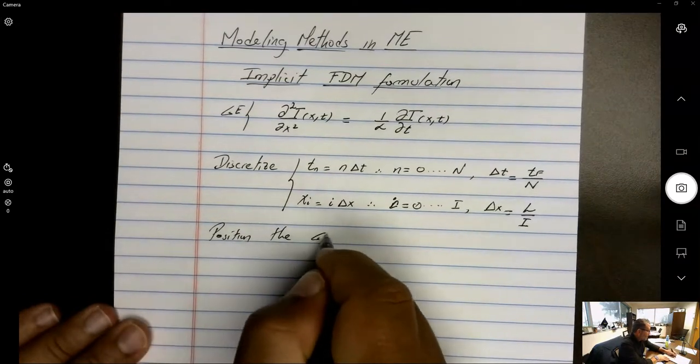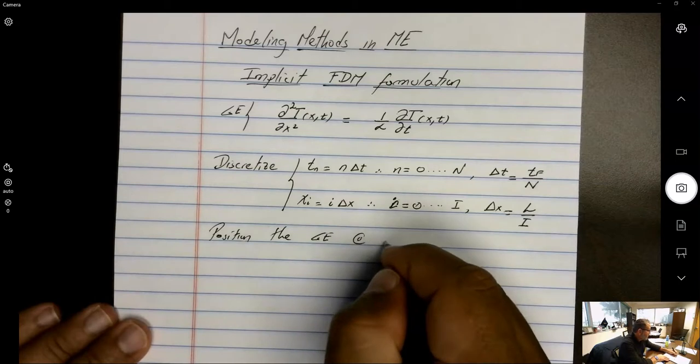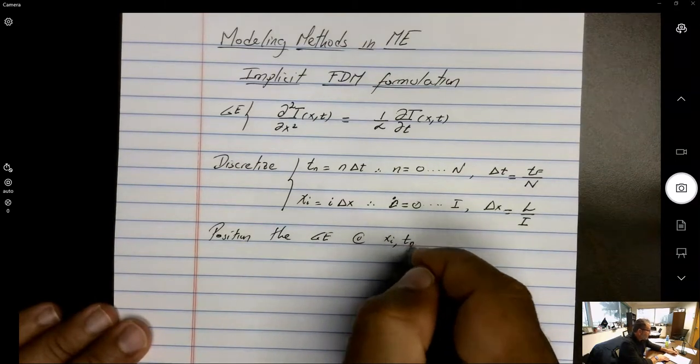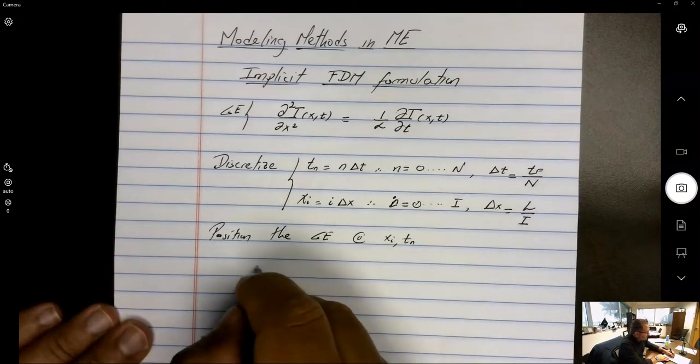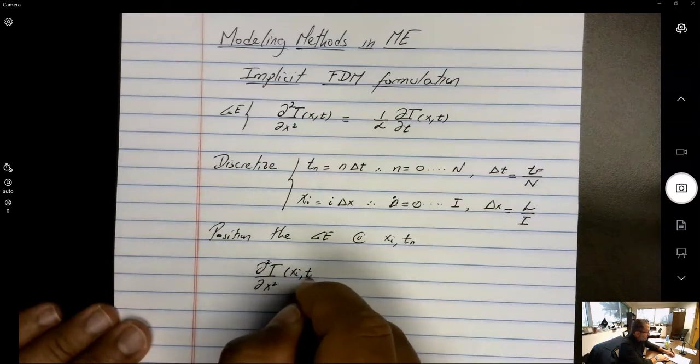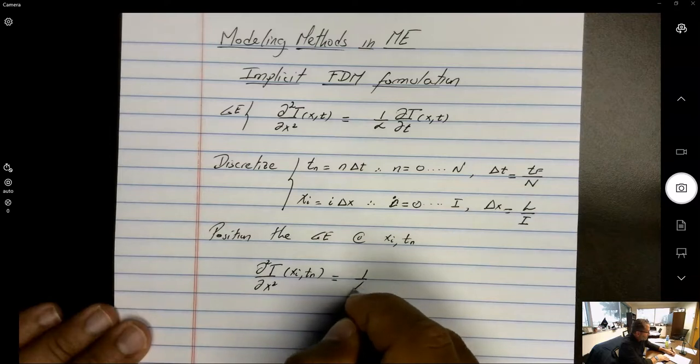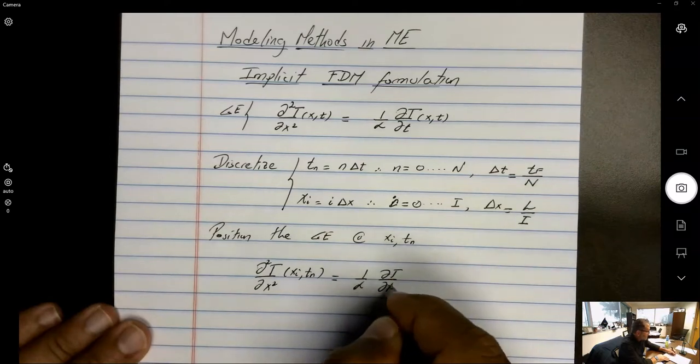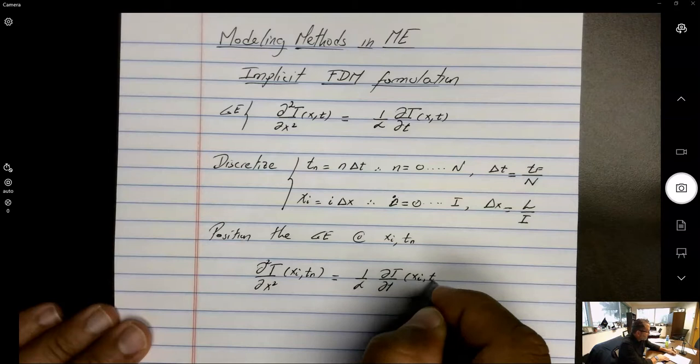Then position the governing equation at x_i, t_n, right? So this will be the second derivative of T with respect to x squared at x_i, t_n is equal to 1 over alpha dT/dt at x_i, t_n.